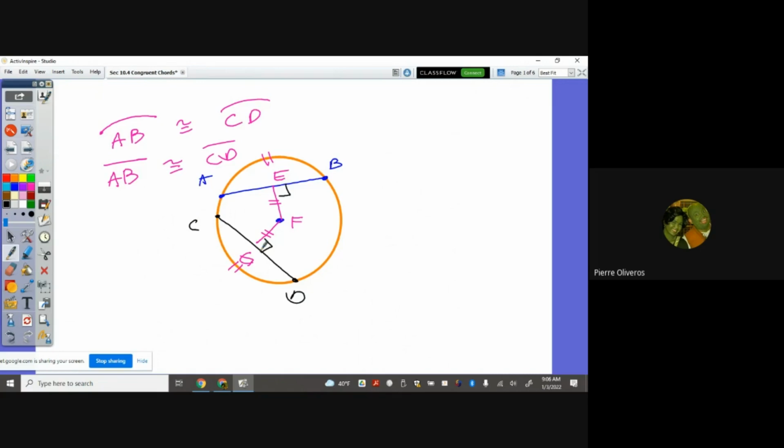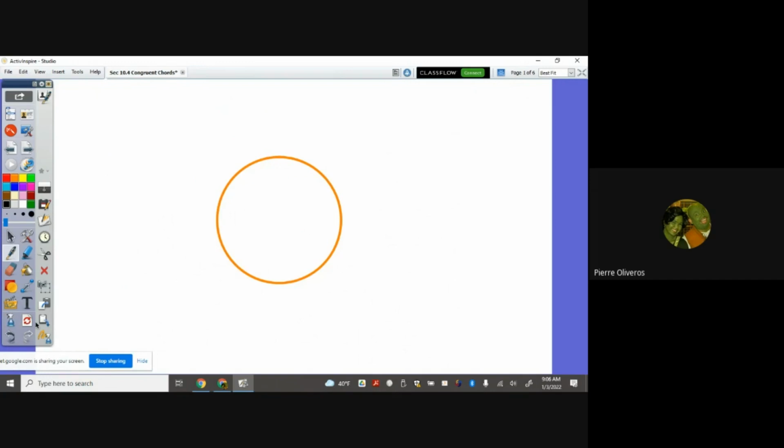Speaking of perpendicular, if I have a center here, and this is the radius that is perpendicular to a given chord, which makes 90 degrees here, we can say that this one here is D. This is A and B here.